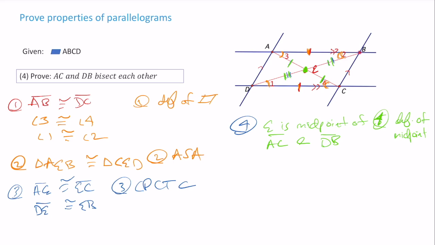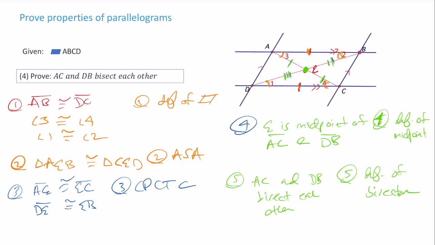It cuts a line or segment through its midpoint. So again, if E is the midpoint of AC, then DB must be bisecting it. And if E is the midpoint of DB, then AC must be bisecting that. So we can say that AC and DB bisect each other because they both pass through the midpoint, and that's the definition of a bisector.